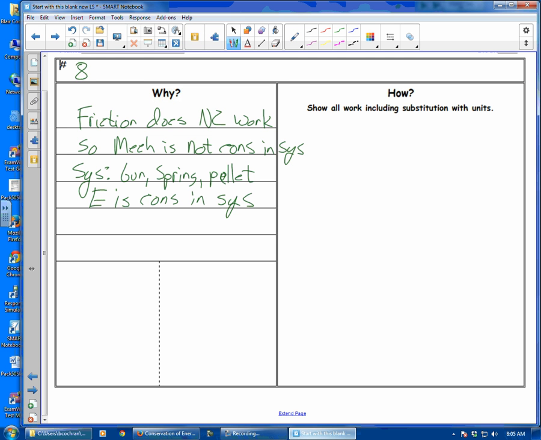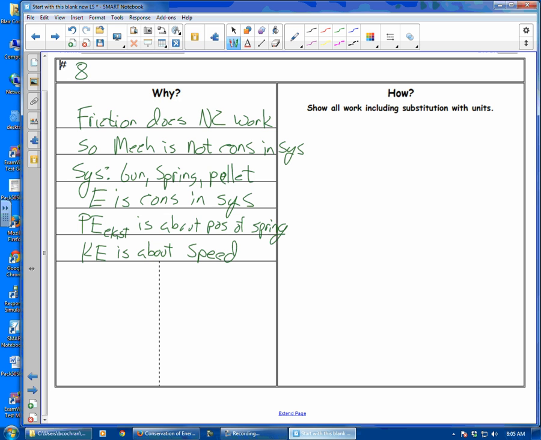It'd be good to also recognize that potential energy, elastic, or spring, however you want to say it, is about the position of the spring, and that kinetic energy is about speed.